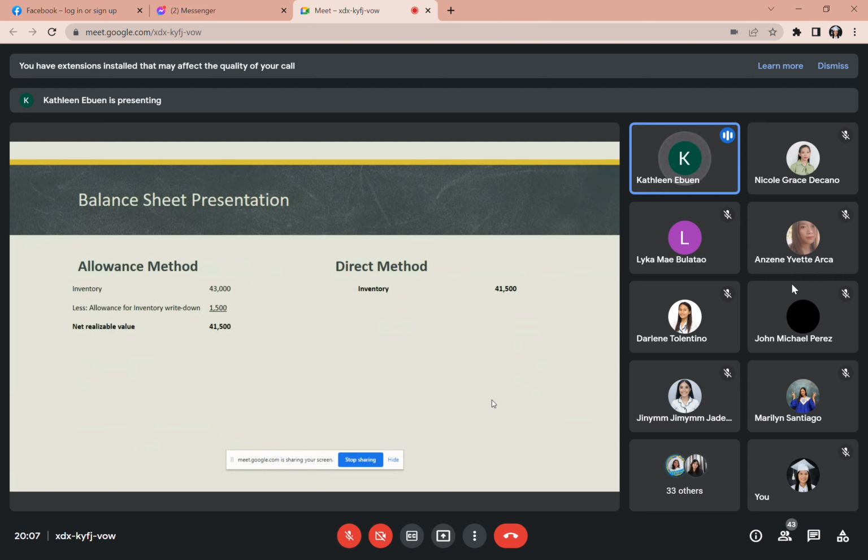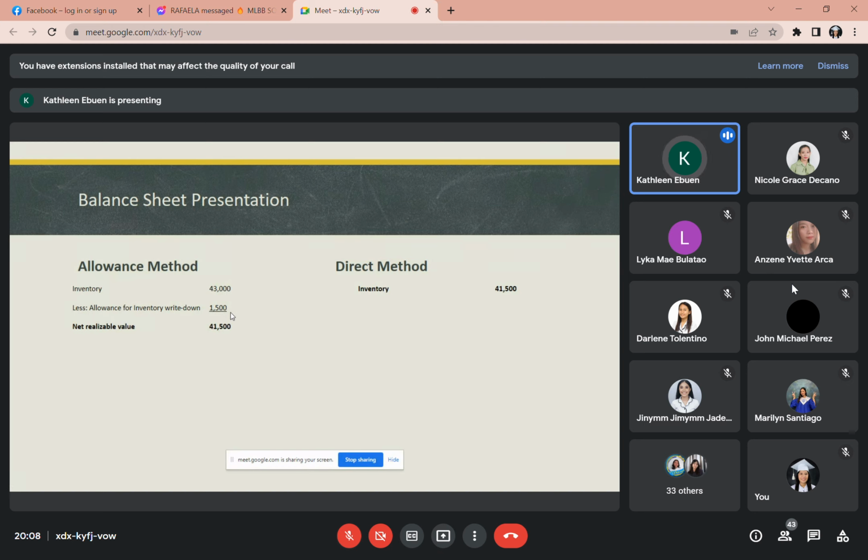Okay, so if we are going to present it in the balance sheet, so under allowance method, yung inventory natin at cost always. So, therefore, kung meron tayong inventory write-down, ibawas natin 1,500. Kasi sa first year, nag-record tayo ng 1,880.